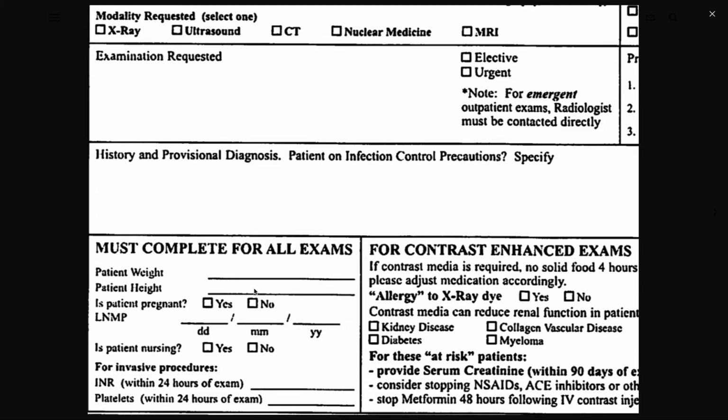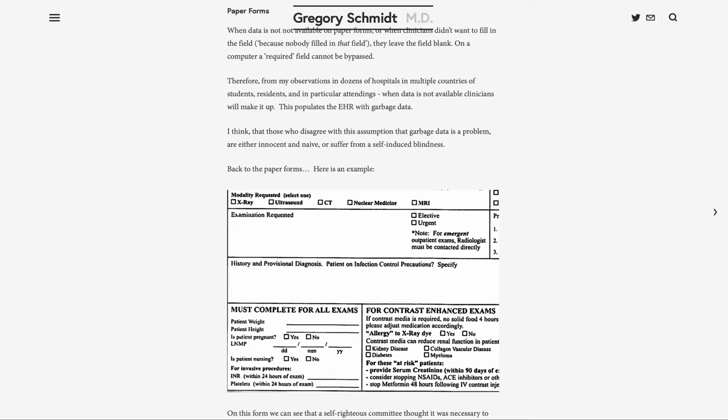And the only way to get there is through a constant process of revision of the forms which are in clinical use, getting feedback on what questions are low value and high value, and weeding out all the low value questions.